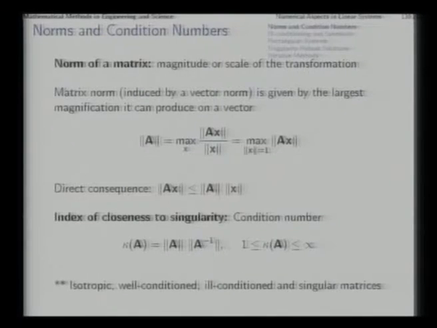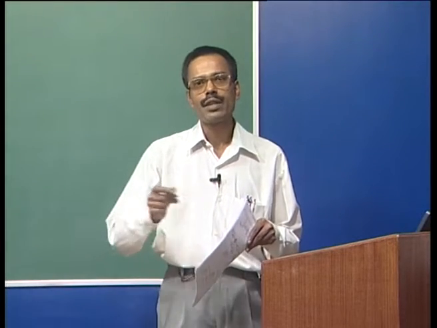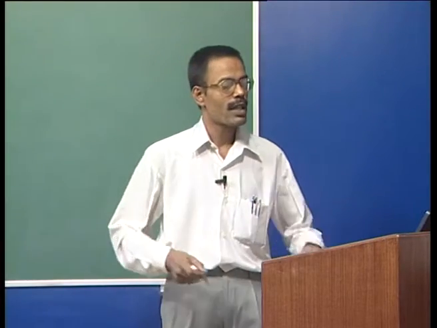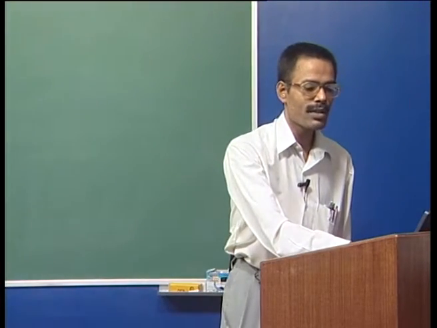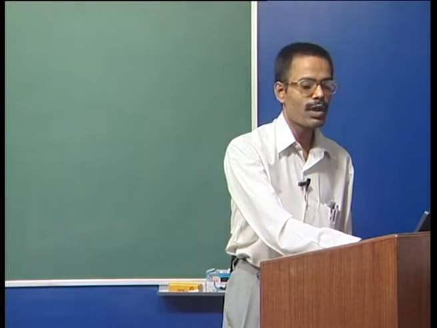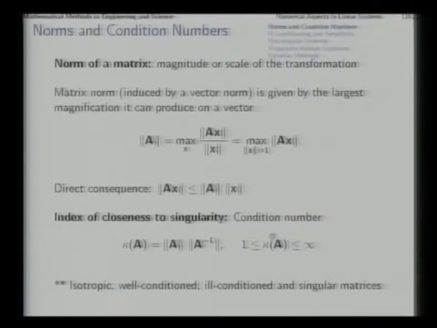Now, if all the vectors are mapped to equal magnification, then we call such a matrix isotropic. Iso means equal, tropic means direction: the performance of that matrix in all directions is similar. In the other extreme, we have singular matrices, which give you the two limits of condition number, 1 and infinity. In between, if we find a very high condition number, for example 200, 400, something of that sort, then you call that matrix ill conditioned.